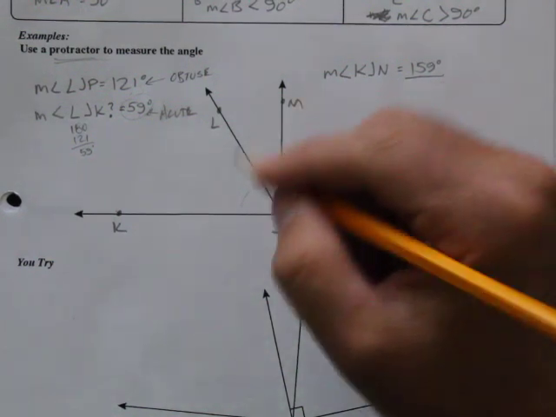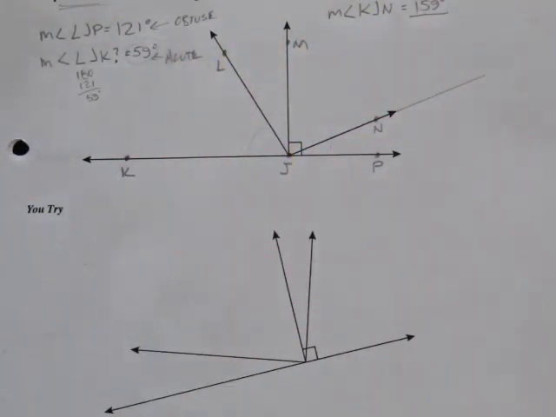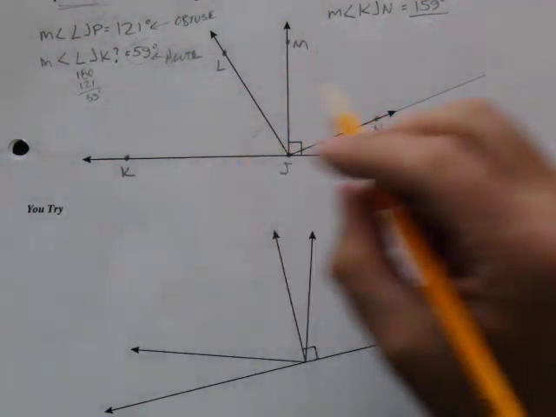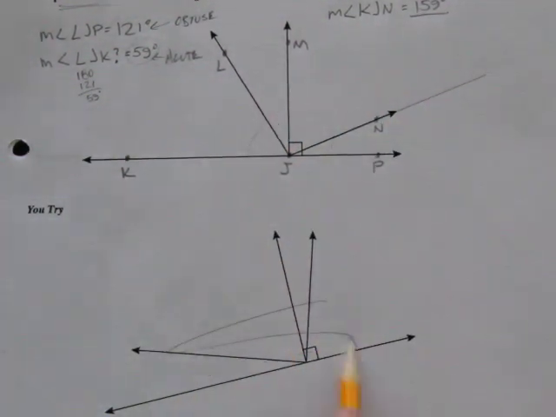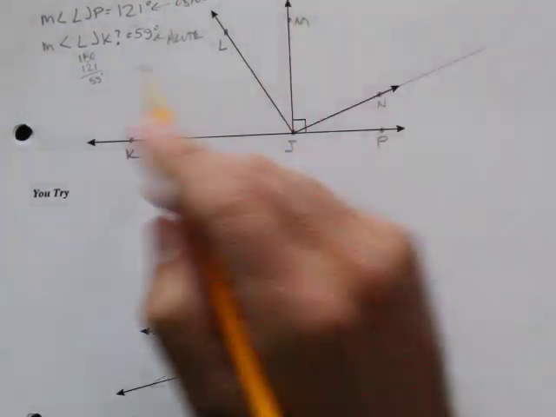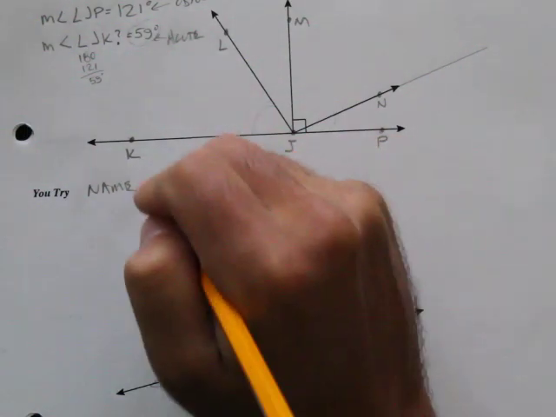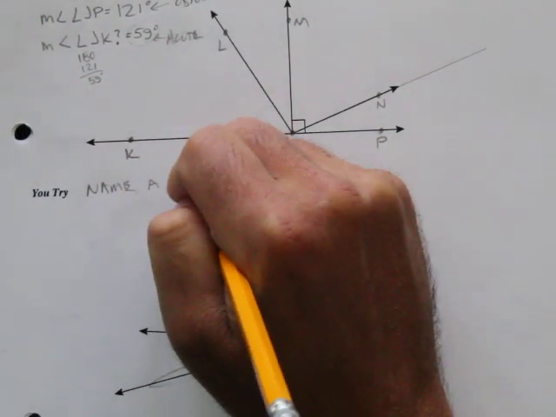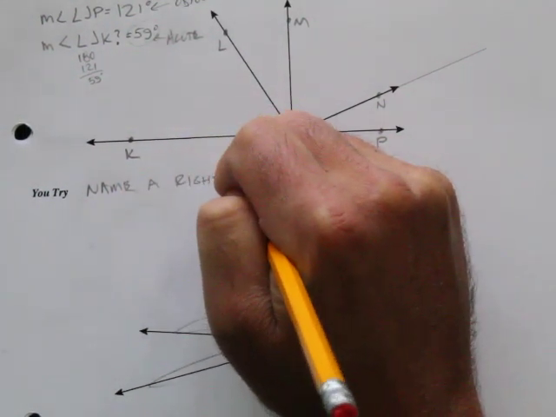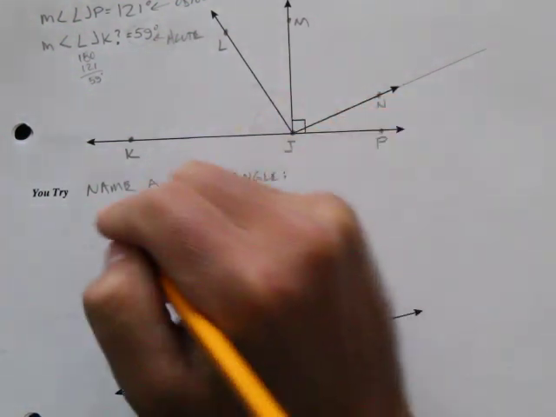Okay, so I'd like you, since you can't grab a protractor, to do a little U-try here, having to do with this diagram here. So name a right angle from this diagram.